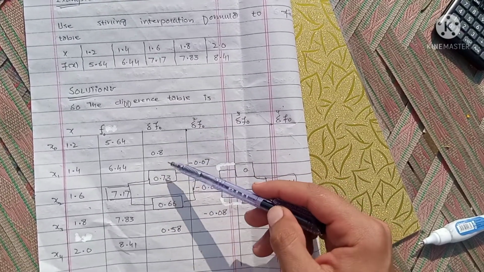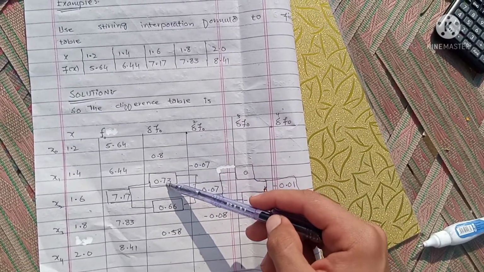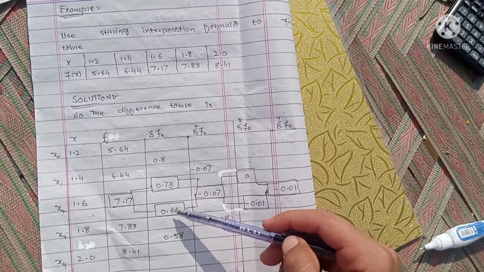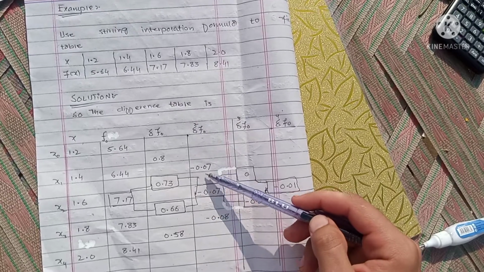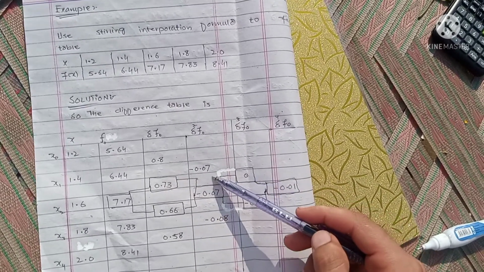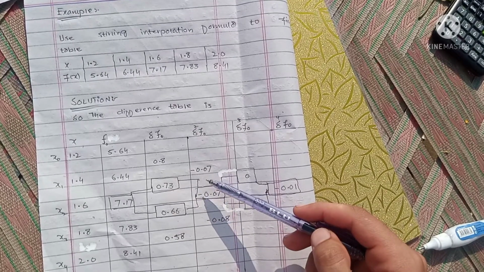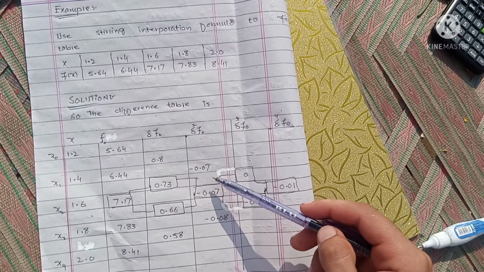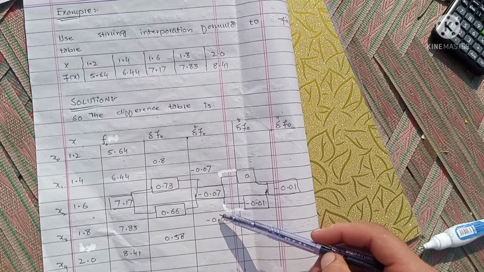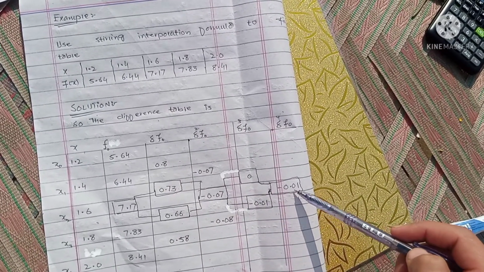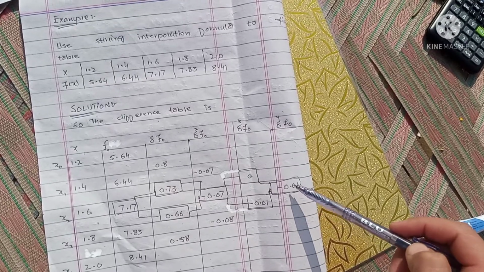Then we subtract these again. When two minuses multiply they give plus. In the last, it gives minus 0.01, and there is nothing left to subtract it from.